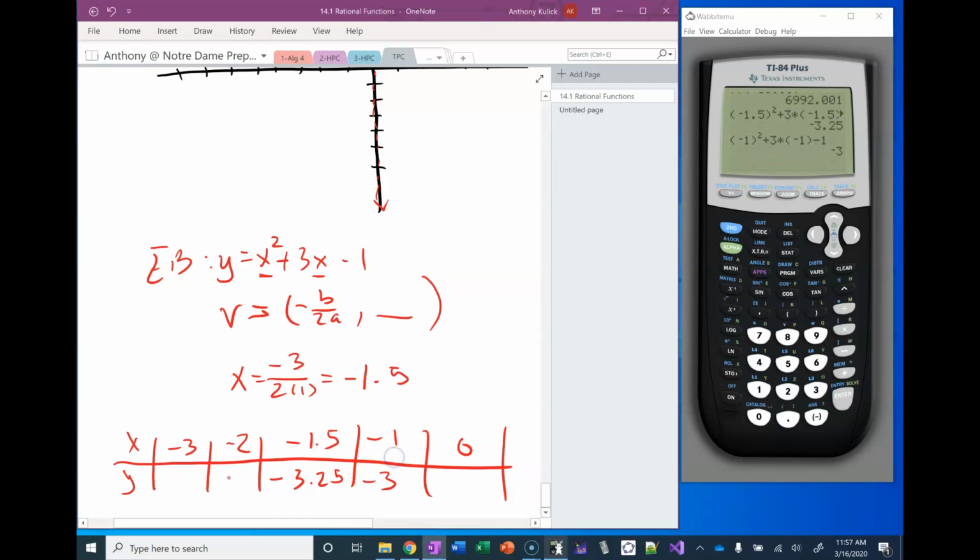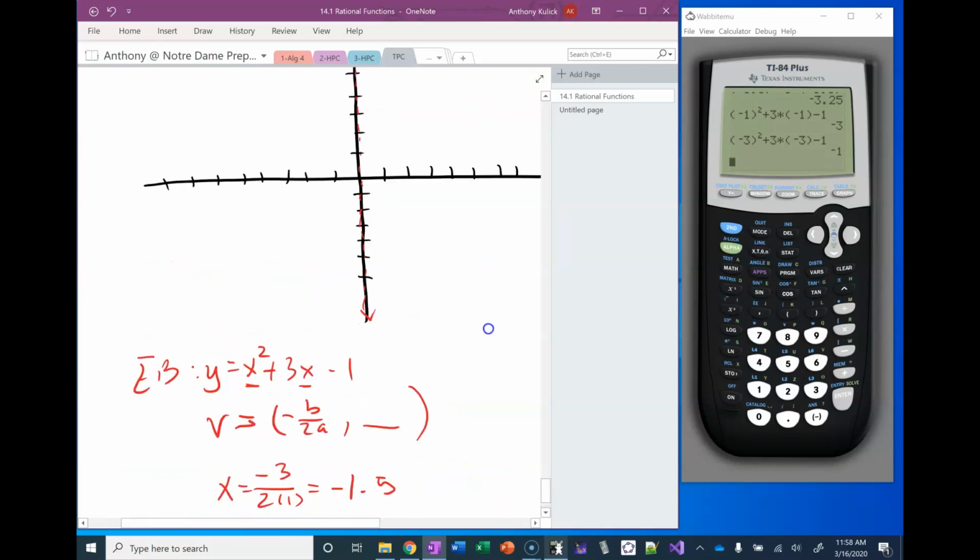And if you remember, if I pick the x-coordinates symmetric, so notice there's like a half a unit between -1.5 and -1, and also a half unit between -2 and -1.5, that those are going to have the same y-coordinates. And then we'll do -3 next, I suppose. So that gives me -1, and again, I have that same symmetry going on there.